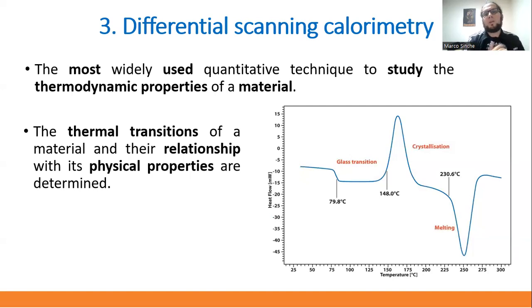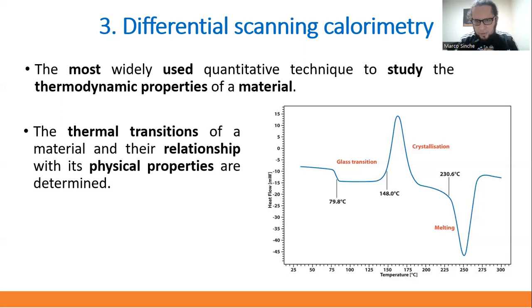Moving to the differential scanning calorimetry, represented with the letters DSC, is probably the most commonly used quantitative technique to study the thermodynamic properties of a material. In the graphs, we will see the so-called thermal transitions, which are related to the physical properties.